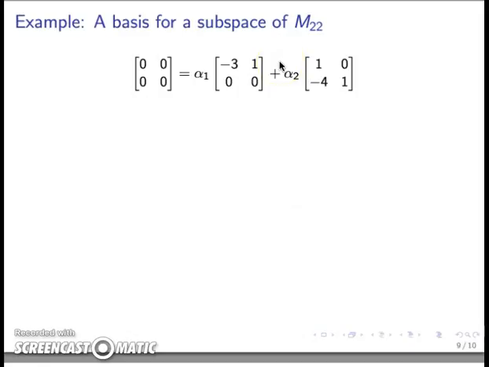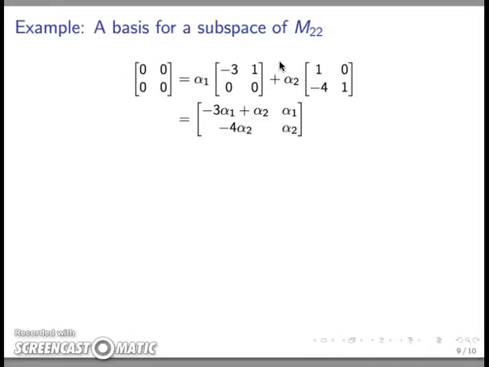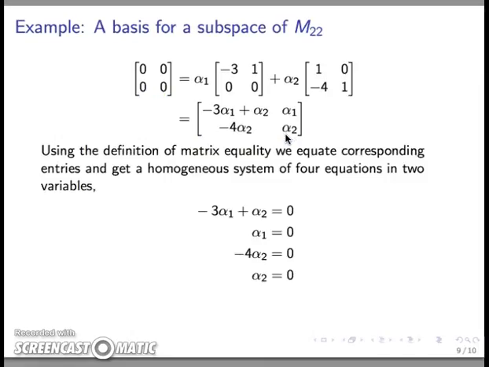We are trying to determine whether the members of that set are linearly independent, and we translate this linear combination into a matrix equation, equating the 0 matrix with this 2 by 2 matrix. By comparing entry by entry, we obtain a set of equations, also a homogeneous system of equations.